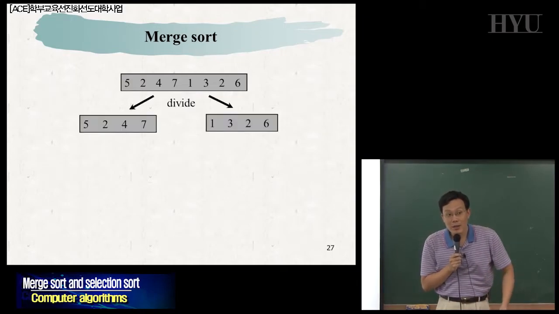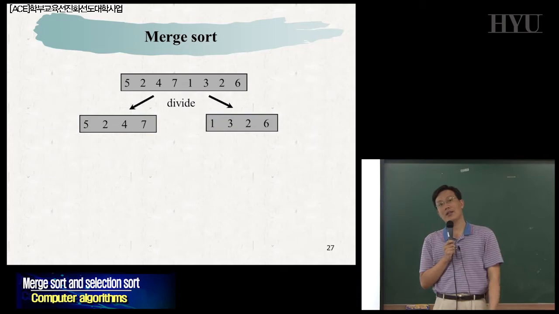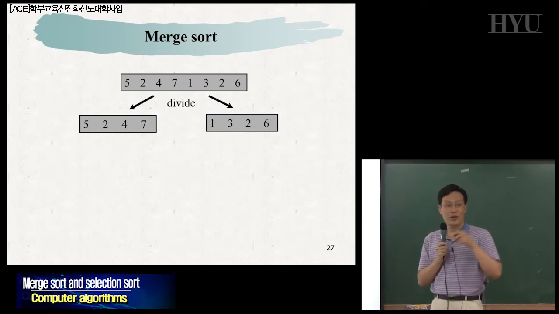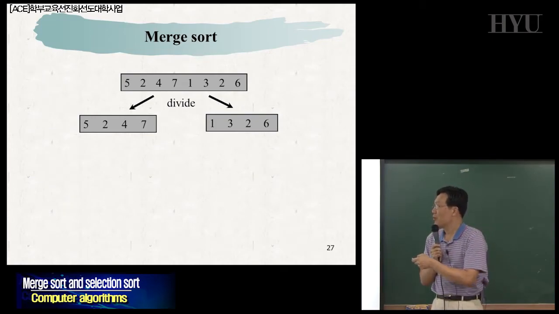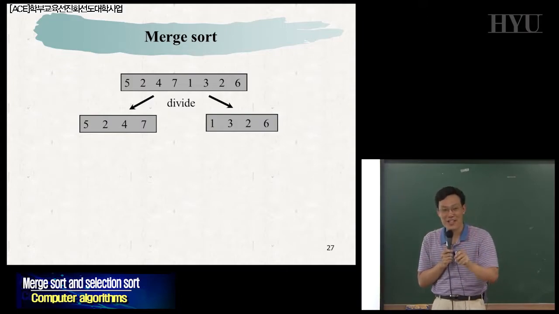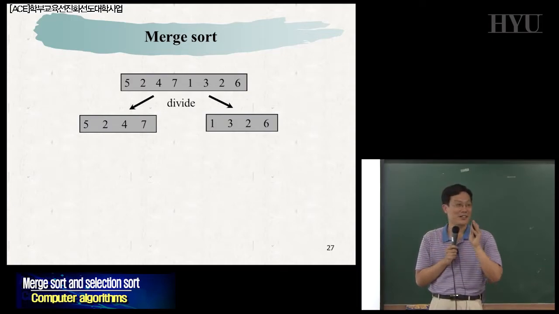Divide? Yeah, right. But the next step is to perform recursive merge sort on this array and this array. Then the first step in the recursive merge sort is divide.